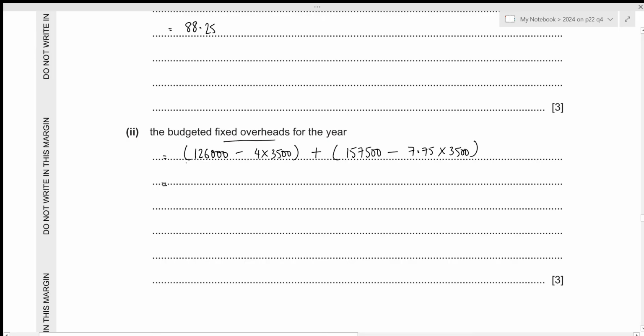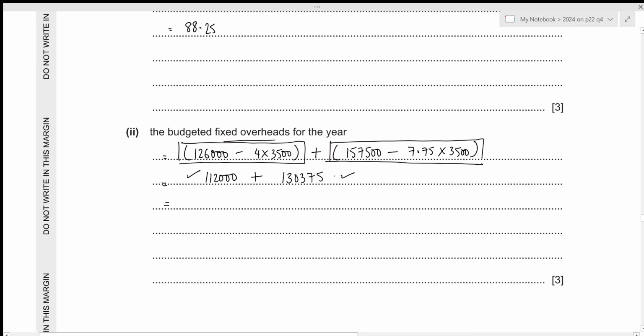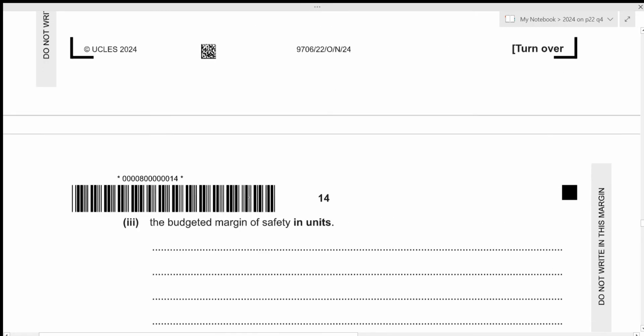So the fixed cost from our production overhead, which is this part, will be equal to 112,000. And the fixed cost for the selling overheads, which is this part, will be equal to 130,375. Now the total budgeted fixed overheads will be 112,000 plus 130,375, which results in the value of 242,375. That's all for the first part.